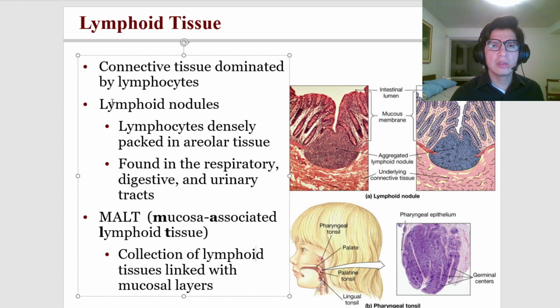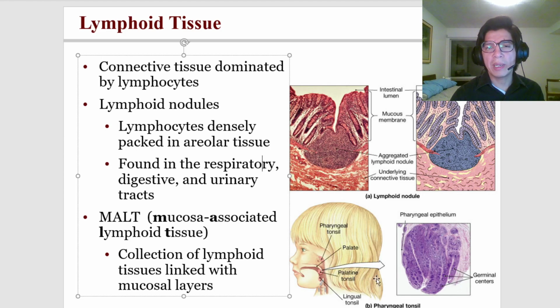You also have lymphoid nodules in areolar tissues. An example of this would be your tonsils: your pharyngeal, palatine, and lingual tonsils.